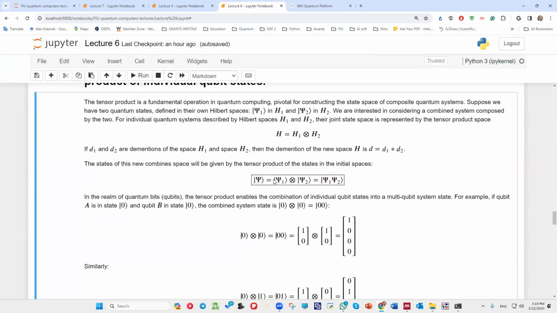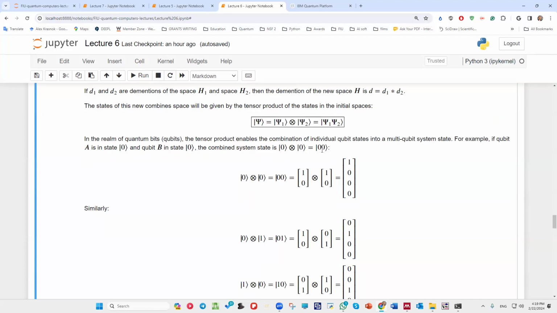Likewise, for this bigger Hilbert space, we have a new state, right? And the new state is given by the tensor product of two states of the single systems, each representing one single system. We can write this tensor product in this explicit form, state 0 tensor state 0.